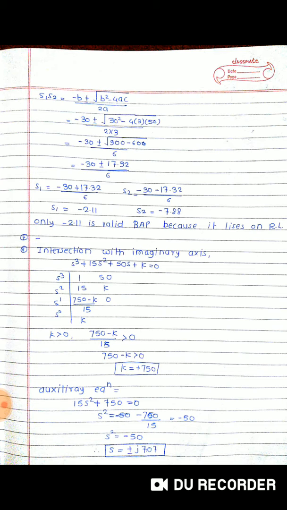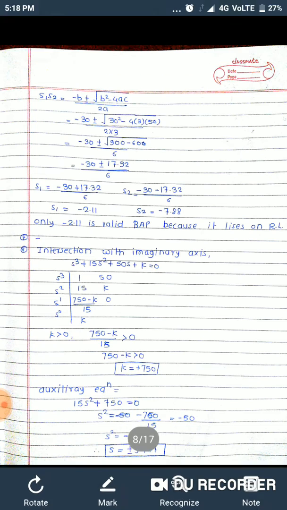The next step is we'll find the intersection with the imaginary axis. Here we are going to use the Routh array of the characteristic equation. We have s cube plus 15s square plus 50s plus k is equal to 0. Then we have to simplify this: k is greater than 0, and another one is 750 minus k divided by 15 greater than 0. Solve for the k, therefore k is equal to 750.